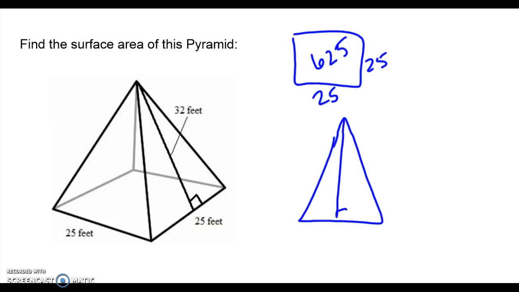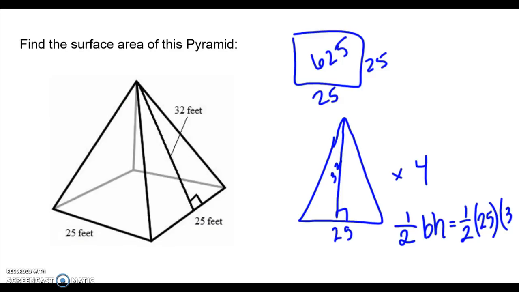I'm going to use my slant height of 32 and my base of 25, and I'm going to have to multiply that by 4. To find the area of a triangle, 1/2 base times height. So 0.5 times 25 times 32.